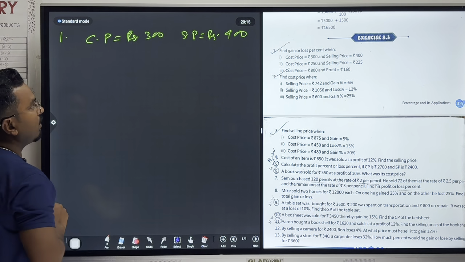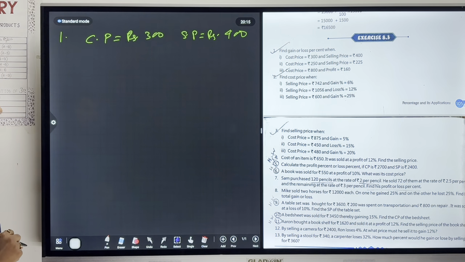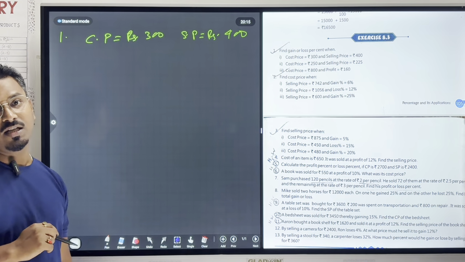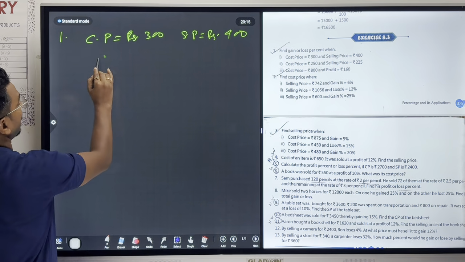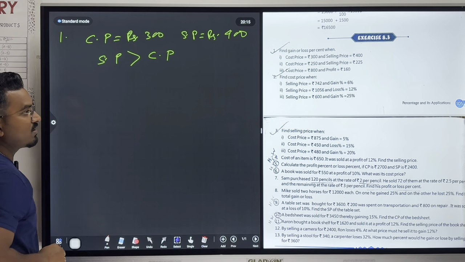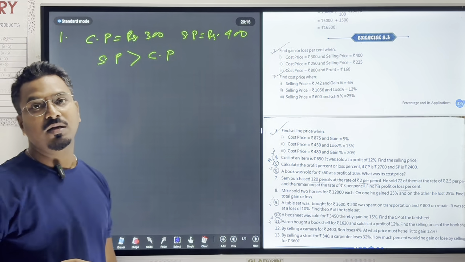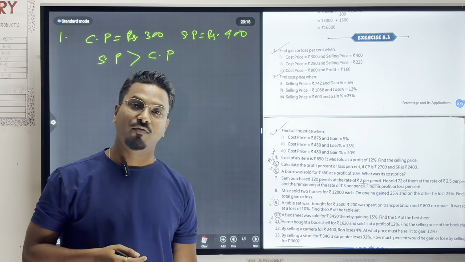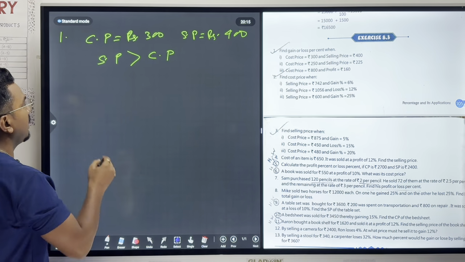Which one is greater here? Selling price is greater than the cost price. So if the selling price is more, then we have profit, or you can say gain.